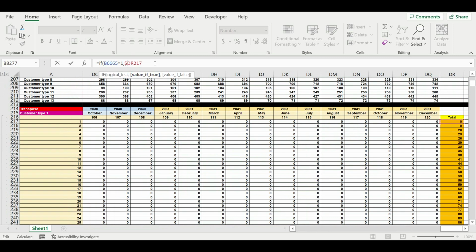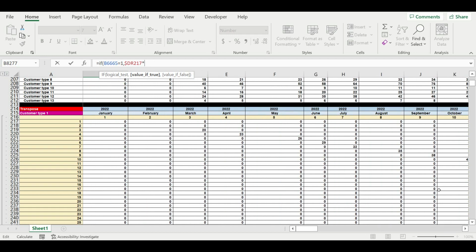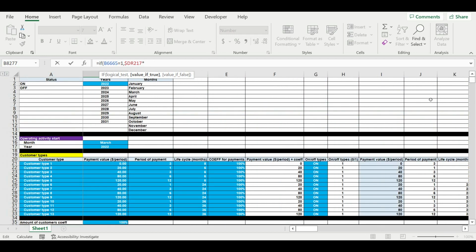Then we multiply the amount of customers and add the value, and we freeze this value, otherwise 0. So this will be the revenue for the first type of customer, but the payment value is 0, so we won't see anything.